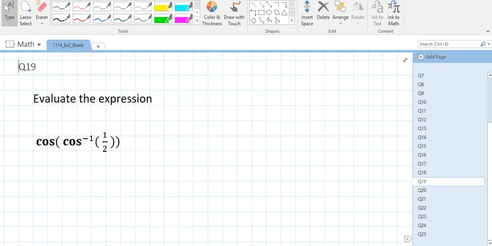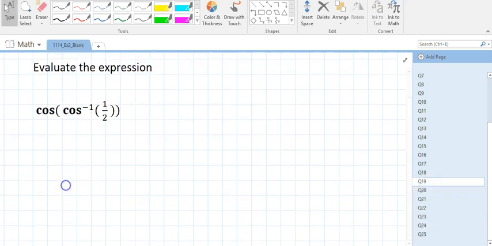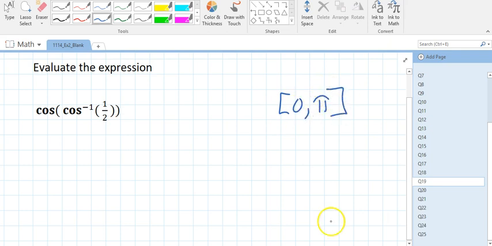And then right here, they want us to evaluate the expression. So the first thing you're going to do is work inside your parentheses, then you work to the outside. That's all you got to do. So inside they want us to do the inverse. So the inverse of cosine, what is our interval? 0 to pi. Okay, and that's quadrants what?